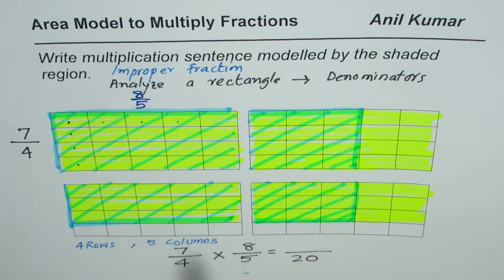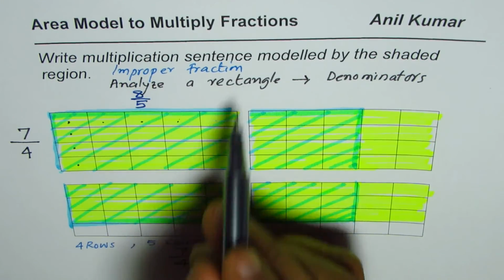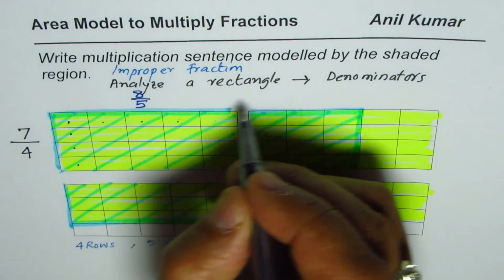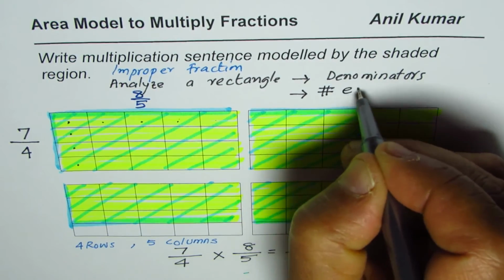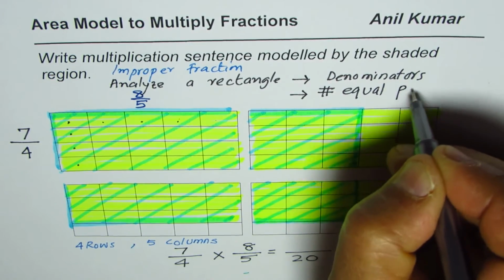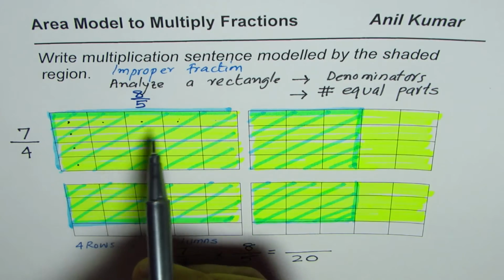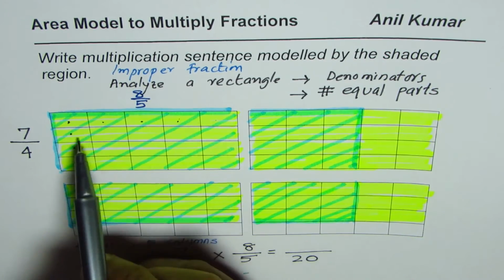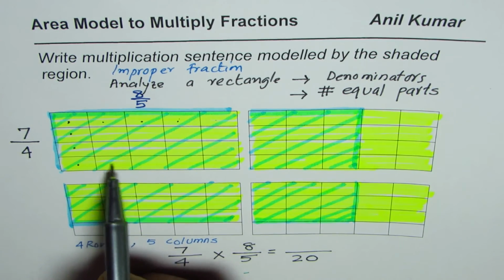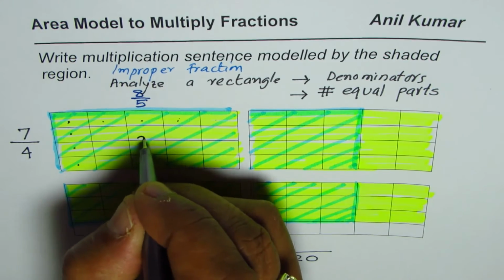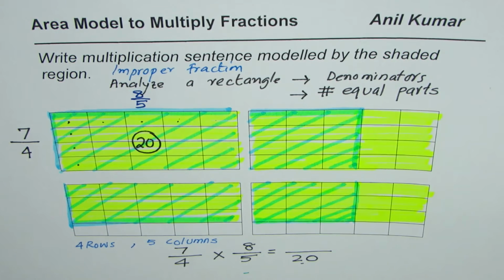So we get the denominator from one rectangle: analyze a rectangle for the number of equal parts. Is that okay? So we have 4 times 5, or you can count 1, 2, 3, 4, 5, 6, 7, 8, 9, 10, 11, 12, 13, 14, 15, 16, 17, 18, 19, 20. So in all there are 20 parts here.